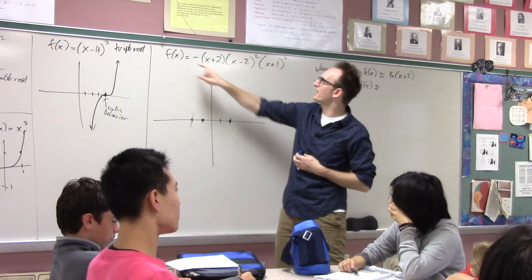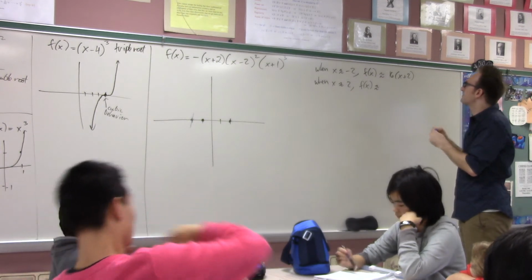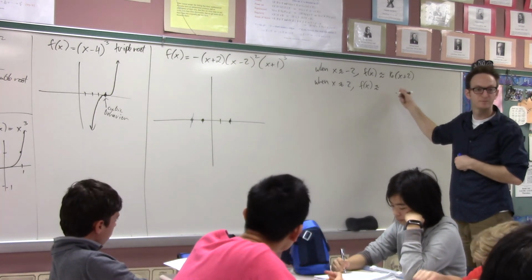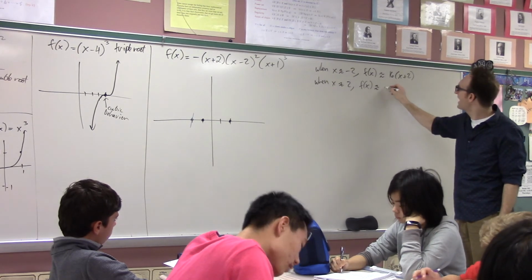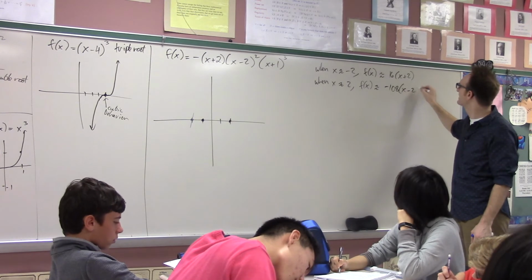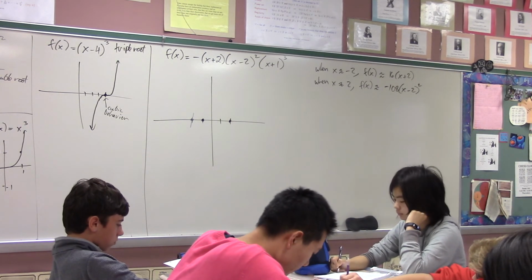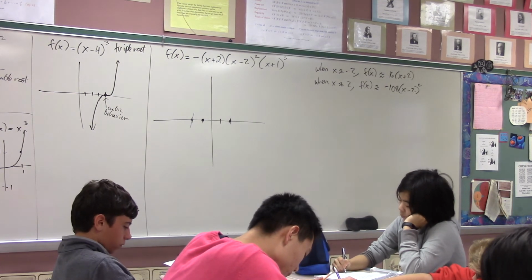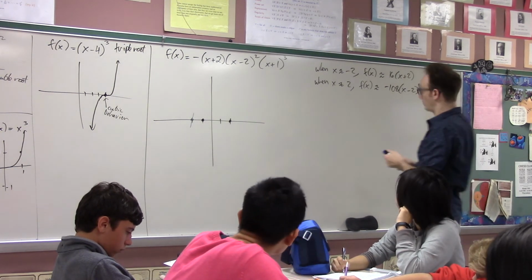And then there's also a negative. So I claim that when x is approximately 2, this function is approximately negative 108 times x minus 2 squared. And again, I got that by keeping x minus 2 alone and evaluating the function near 2.